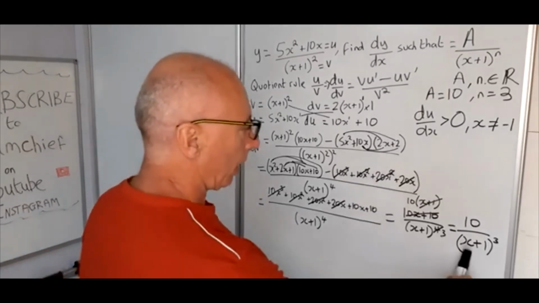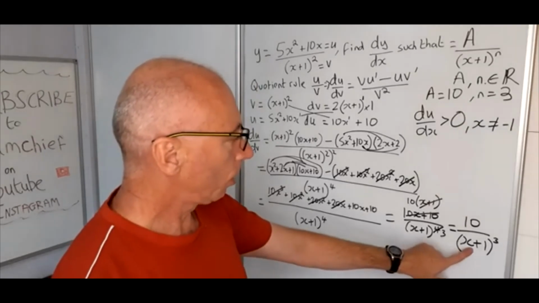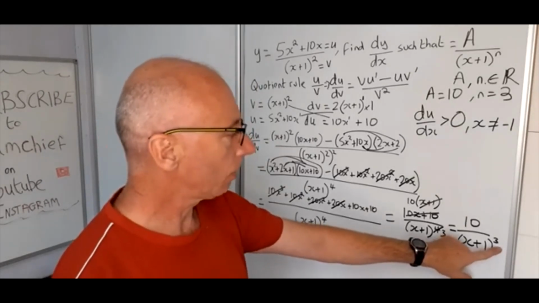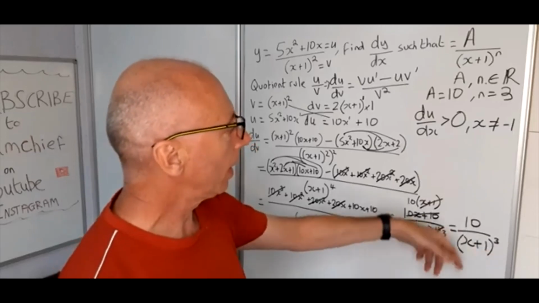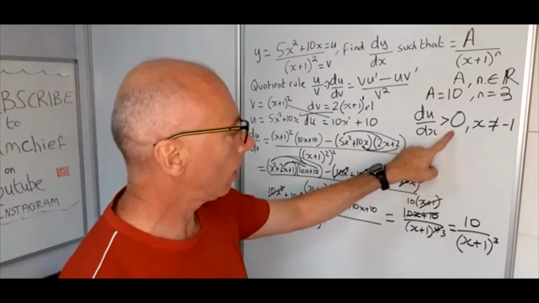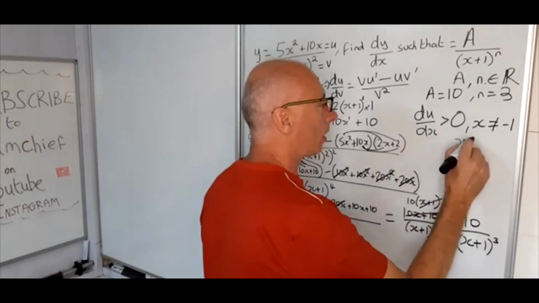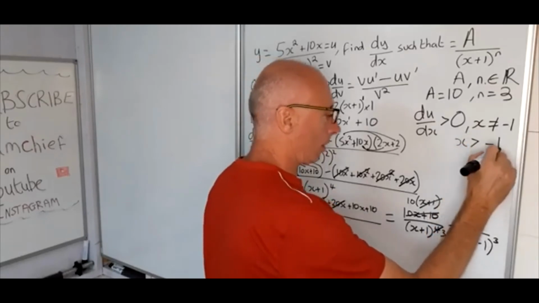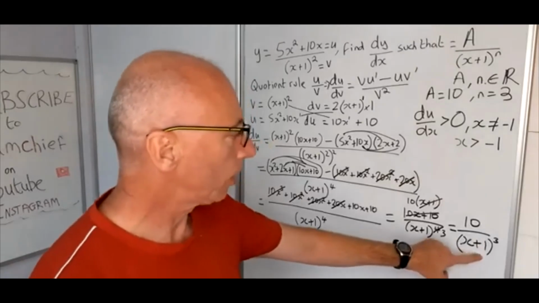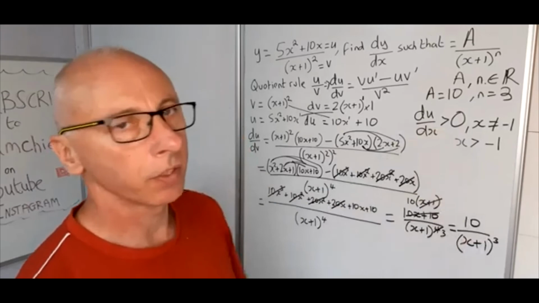Now what about if we put minus 2 in there? So minus 2 plus 1 gives us a negative. Negative cubed is still negative, then our derivative is negative. So therefore, for this to be larger than 0, what we need is for x to be larger than minus 1. And all other values beyond that will give us a positive in the denominator, thus giving us a positive derivative.